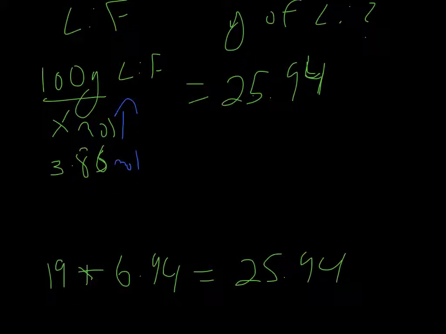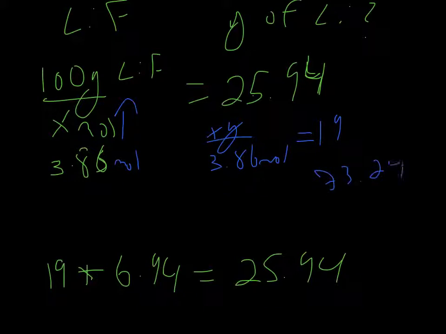That means we have 3.86 moles of fluorine. So now we need to find out how much that weighs. We have x grams over 3.86 moles equals, remember the fluorine is 19, so just multiply each side by 3.86 times 19, and then we get the grams of fluorine is 73.24, or actually, it's 73.245.